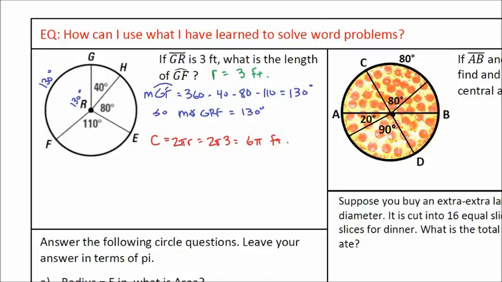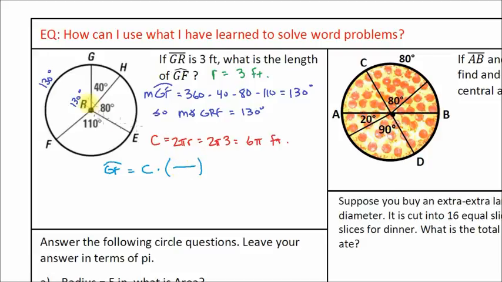Now what we've got to do is figure out how much of the arc, or the circumference, is represented by arc GF. What's the distance from G to F? And we can use a fraction or a ratio to figure that out. We're going to find that the length of arc GF is equal to the whole circumference times the part of the circumference we want.